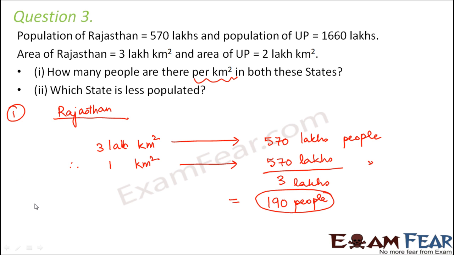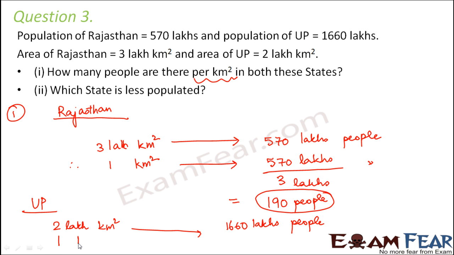Let us now look at UP. In UP, the total area is 2 lakh kilometer square, and this total area is accommodating 1660 lakhs people. So 1 kilometer square would accommodate 1660 lakhs divided by 2 lakhs. 2 8s are 16, 2 3s are 6, 0.